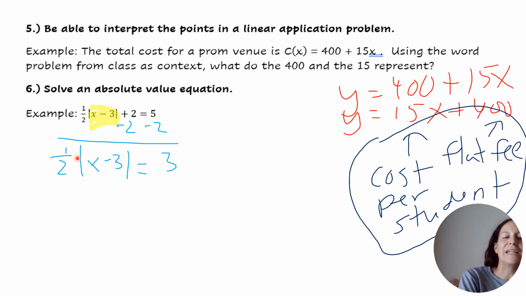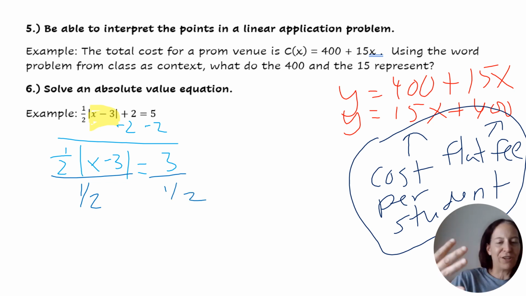Because that is multiplication. It's 1/2 times. Therefore, if you want to undo it, you would undo it with division. The problem is that dividing by a fraction just looks awful. It's not really hard, but it looks hard.